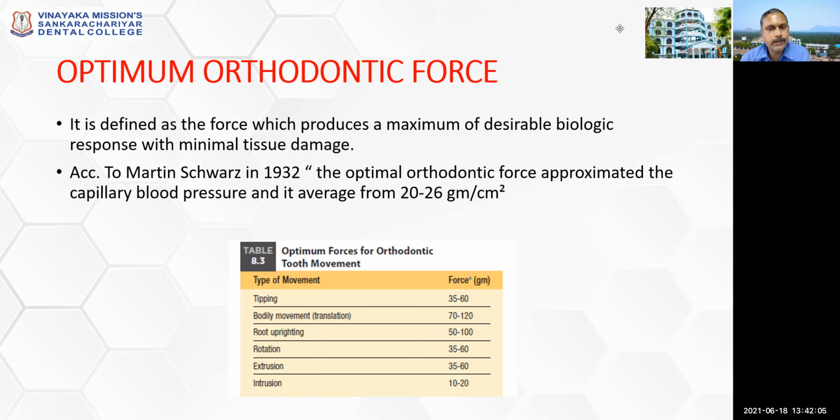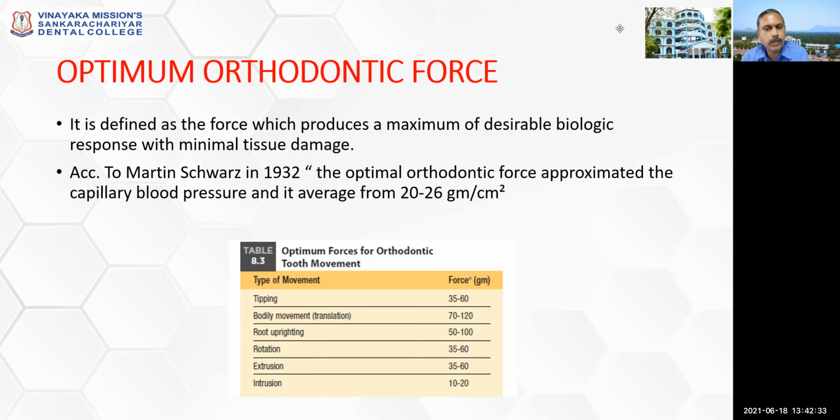Rotation is also a simple tooth movement, which is 35 to 60 grams. Extrusion is helped by gravity, and it is also a very simple tooth movement, between 35 to 60 grams.